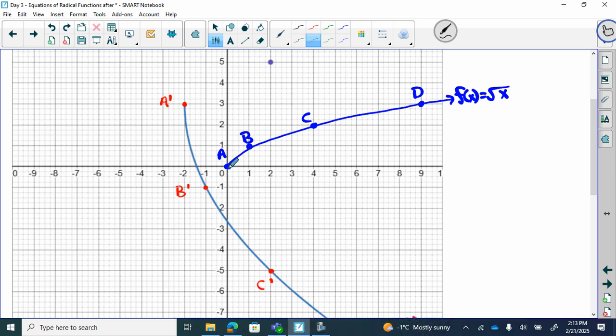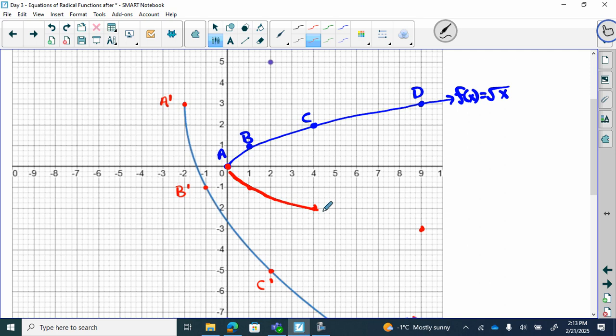Check this out. 0, 0, if I reflected that point in the x-axis, if I multiplied the y-coordinate by -1, it wouldn't change. What would this point become? 1, 1 would become 1, -1. 4, 2 would become 4, -2. And 9, 3 would become 9, -3.